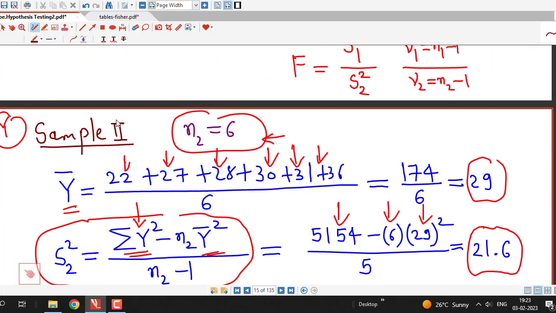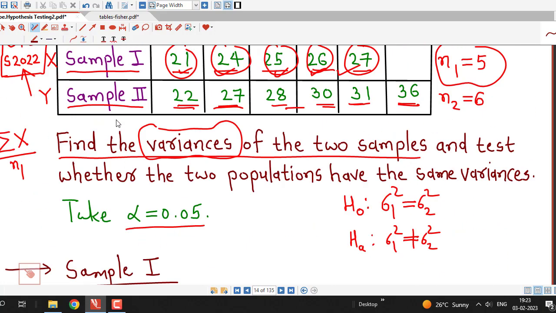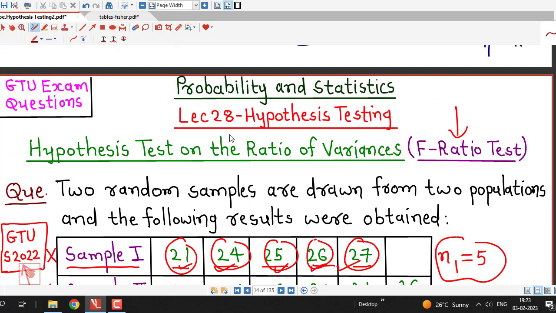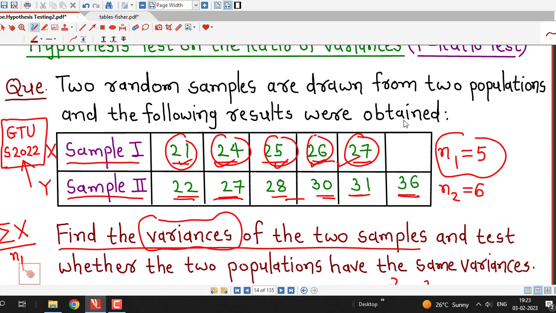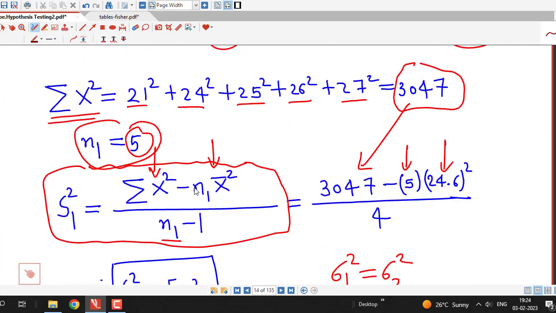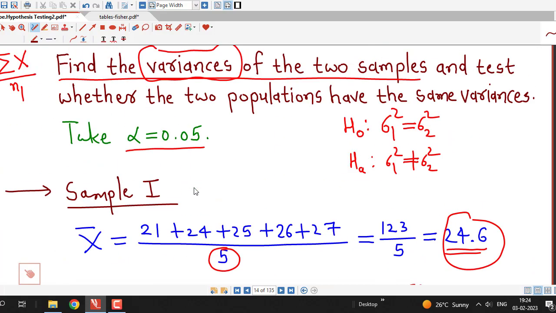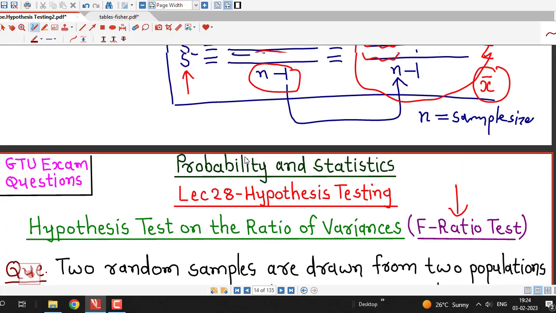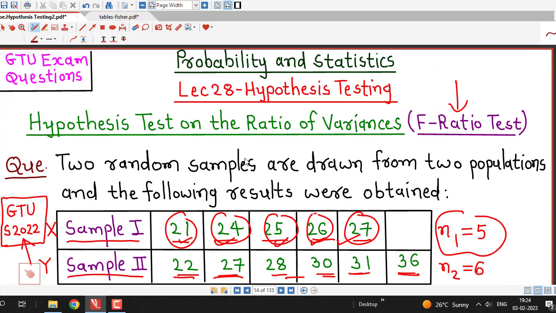So this is another example on the F ratio test for the equality of variances. We have discussed two examples before this lecture on the F ratio test. What is new in this problem is that here we are given the observations of the sample. We are not given sample variances and sample means. So to apply the F ratio test, we have to first calculate the sample variances.